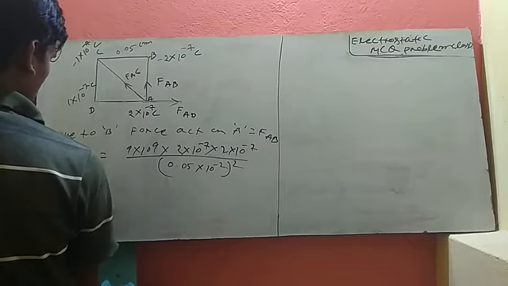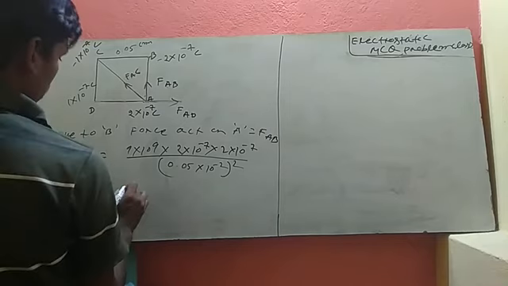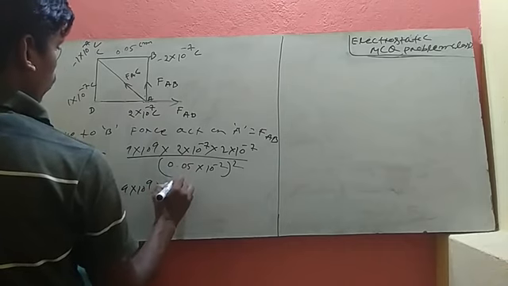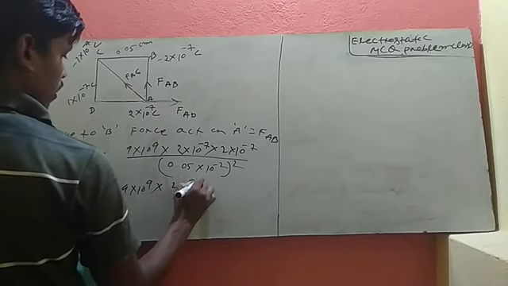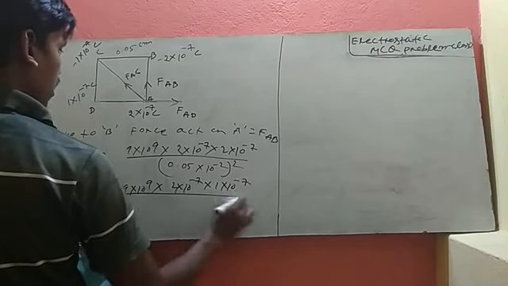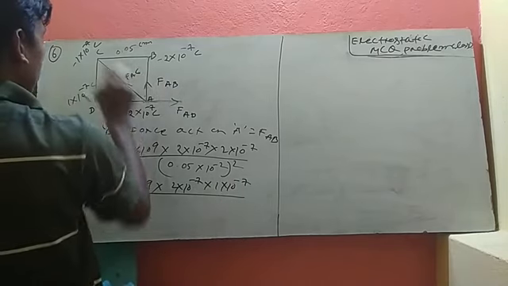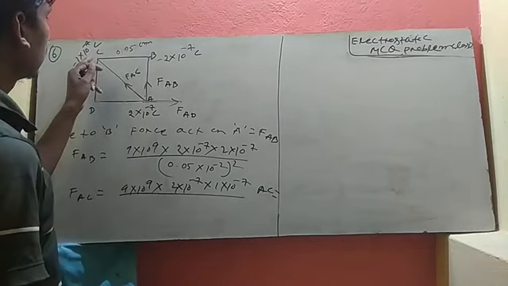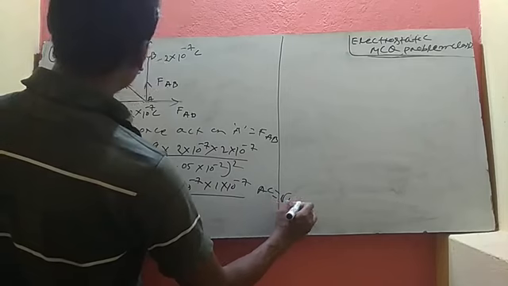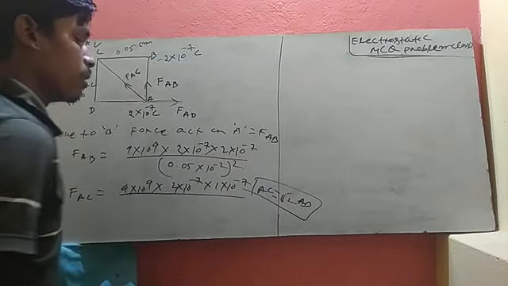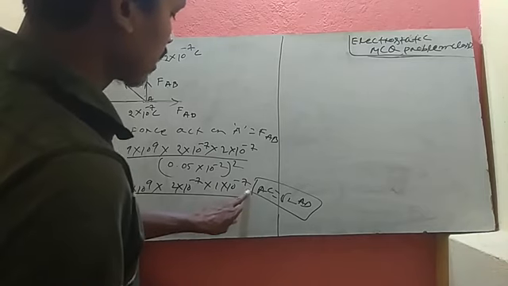Similarly, FAC is what? FAC is 9 into 10 to the 9 into 2 into 10 to the minus 7 into 1 into 10 to the minus 7, divided by AC square. What is the value of AC? AC is root 2 into the side. You already know this from your 10th class.